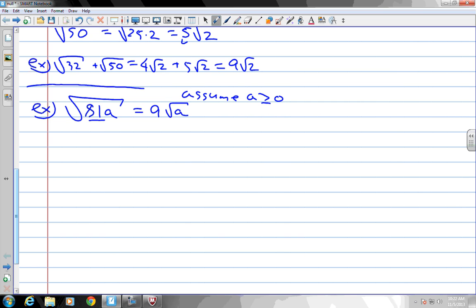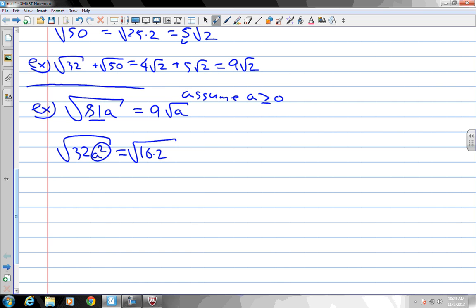So how about this example? If I ask you the square root of 32a squared. So again, our job is to find perfect squares in that product. We already dealt with 32, right? We know that the best way to split 32 is 16 times 2. Now, a squared, to begin with, is a perfect square.